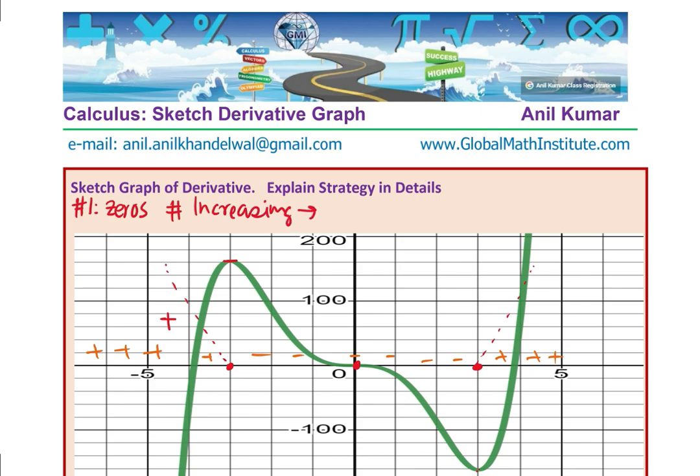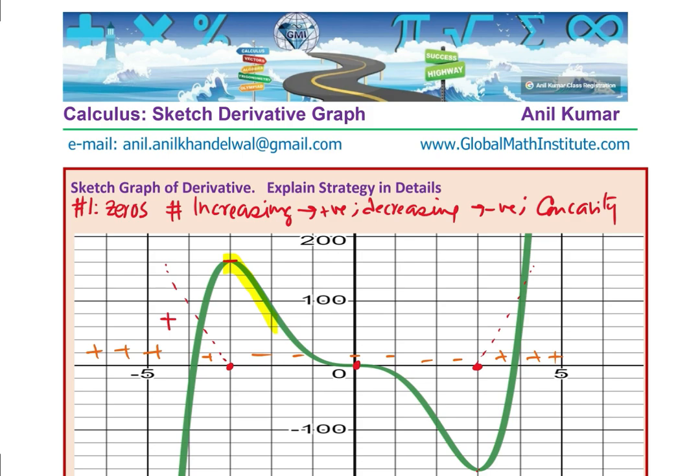So after number 1, zeros, we identified increasing and decreasing. Increasing means positive and decreasing means negative. Right. And then we look into concavity. So change of inflection. Correct? So concavity, as you can see, changes where? This portion is concave down, right?